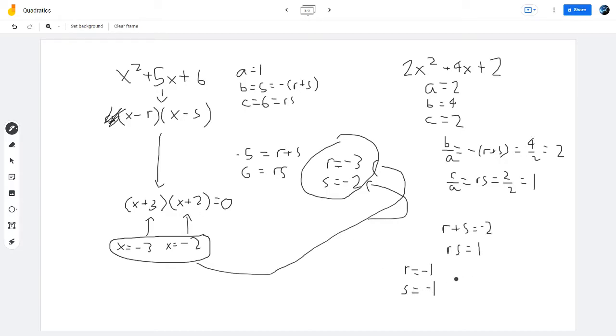So if we factor it, we're going to get 2 times, because now there's an a in front, 2 times x plus 1, because we're subtracting negative 1, remember. It's x minus r, x minus s, times x plus 1 is equal to 0. And you can see our only solution here is x equals negative 1, which applies for both. So this is our solution.